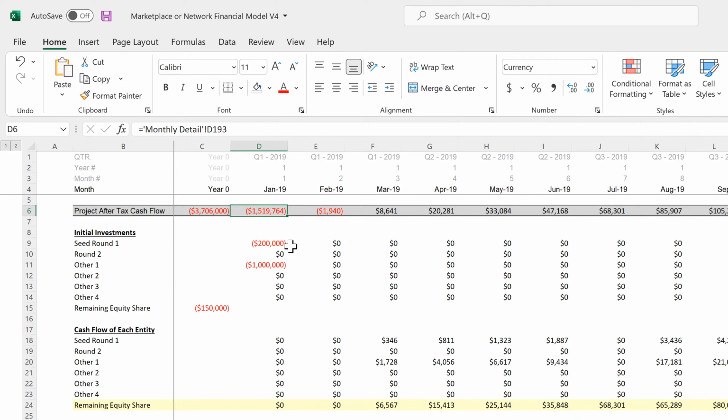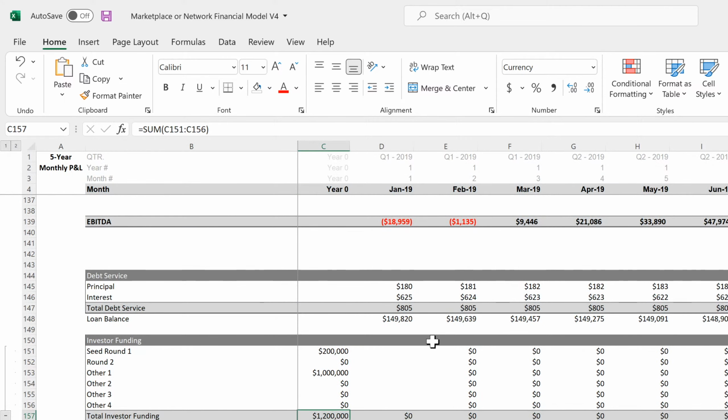Oh, I see. So this is tricky because this cash flow here includes this. Oh wait, no, I removed that out though. So 193 does not include any investment money, which might be our solution here.